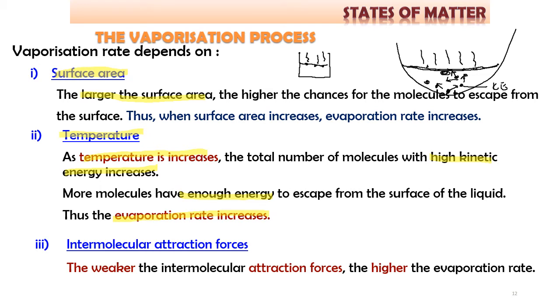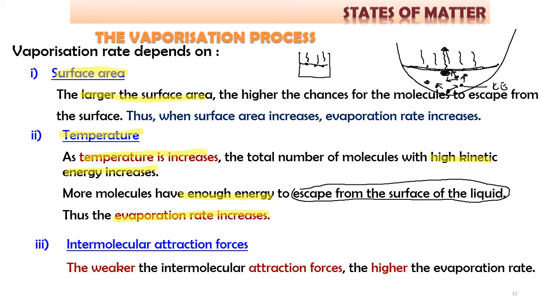Okay, so when the molecule at the surface has enough energy, therefore dia akan slowly freekan diri dia and change from liquid dia jadi gas. So it will escape. Ini yang maksudnya escape the surface of the liquid tu.